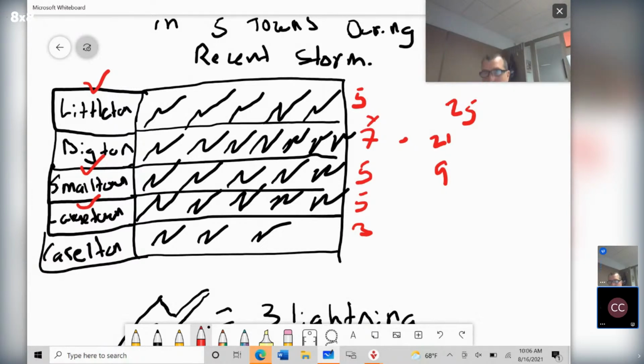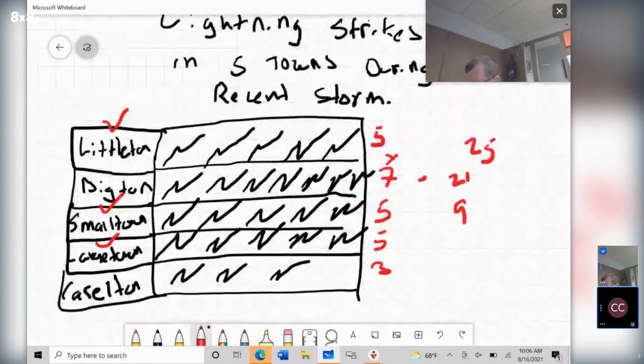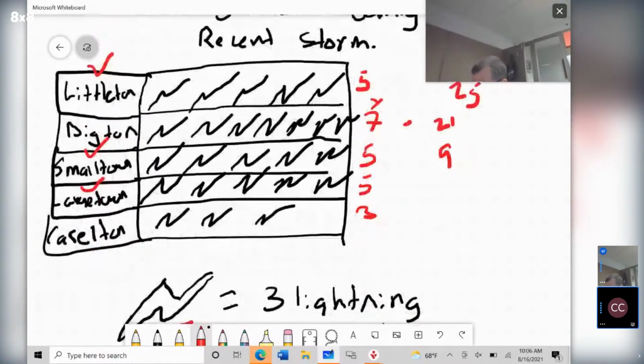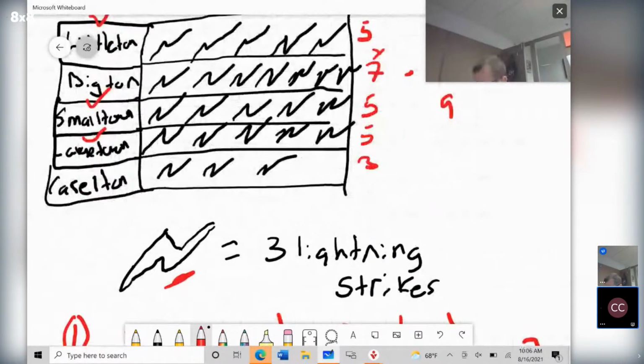Okay. So you guys, the biggest thing, once again, when we look at the graph, we want to make sure we look at the title up here, so we know lightning strikes in 5 towns during a recent storm. And then at the bottom sometimes is the key. And it's important you remember that this symbol here equals 3.